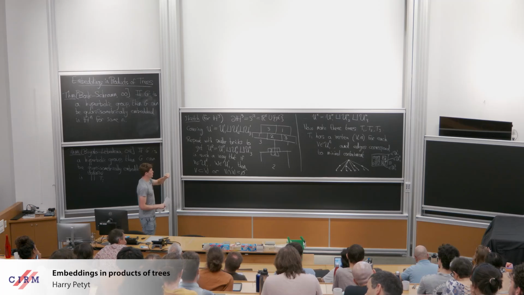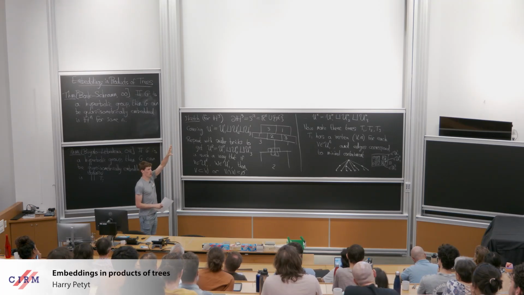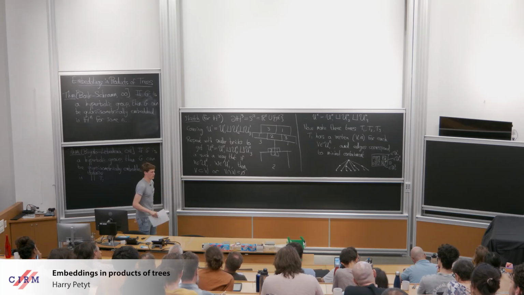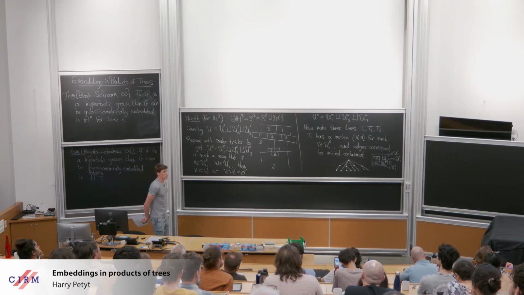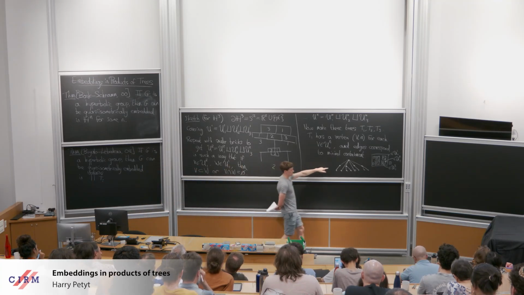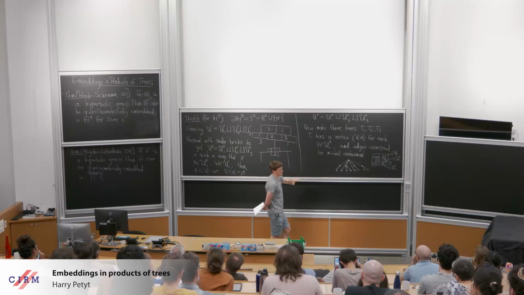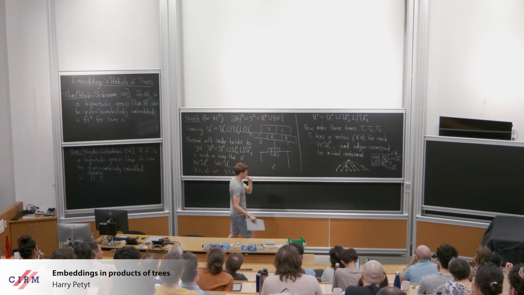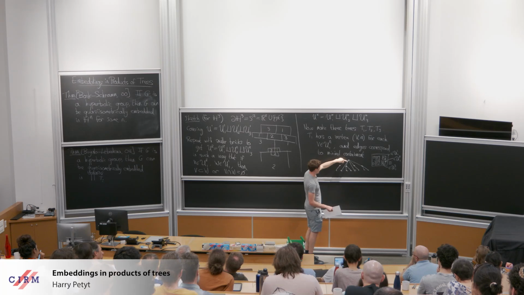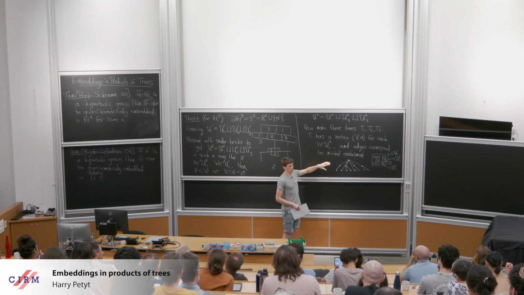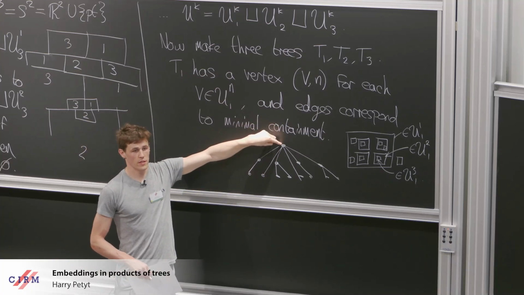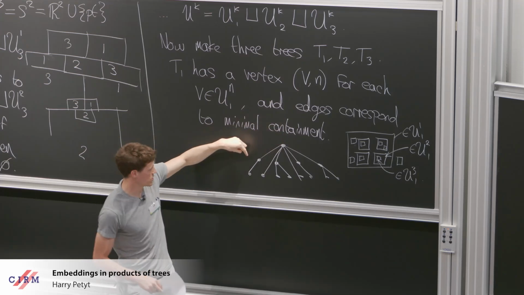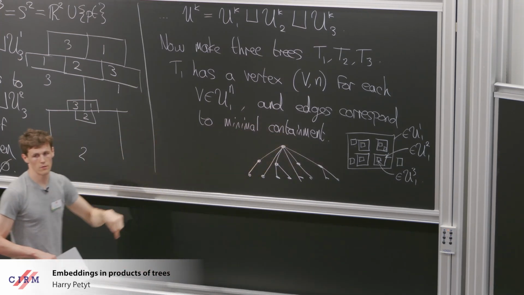So, sorry, the root corresponds to U0, which consists of a single set, which is the whole boundary. But then it has infinitely many. It's compact, so there's finitely many at the first level. Yeah, that's one way where I cheated by drawing it in the plane. But you're right, because although I drew this edge as longer, all of these edges are actually going to have length 1. So the root does have infinite valence. It's just that it's only got finite valence coming from each level.